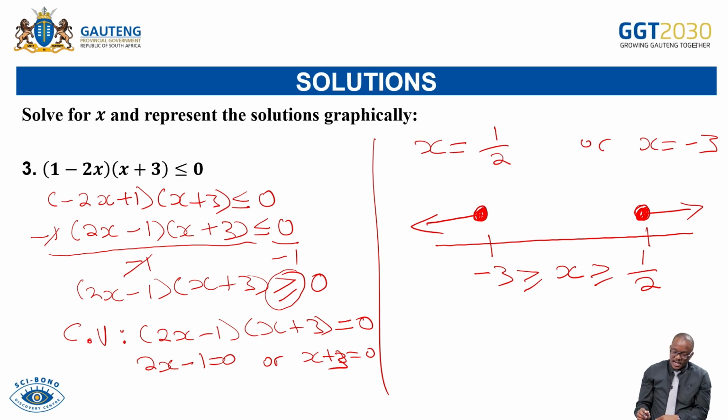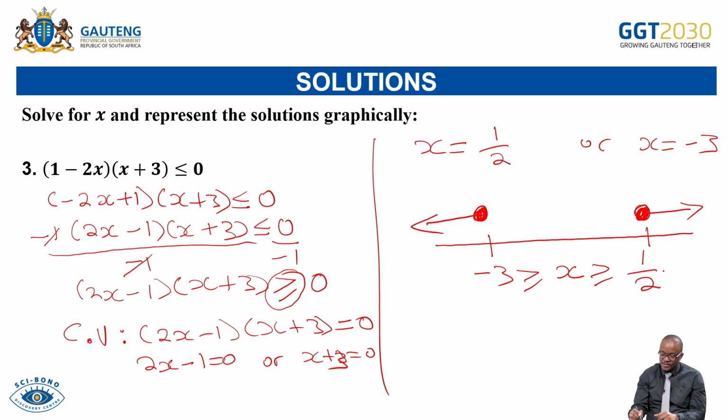So now these are the things that you need to understand, especially when you have the negative leading coefficient and you want to change it to a positive leading coefficient, so that you can apply the method that I have shown you here. So this is how you deal with quadratic inequalities.